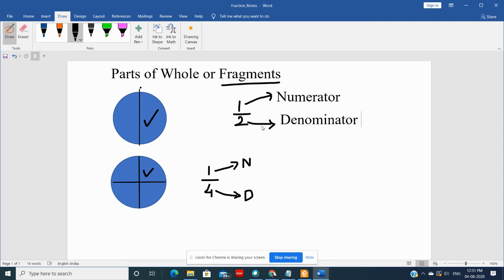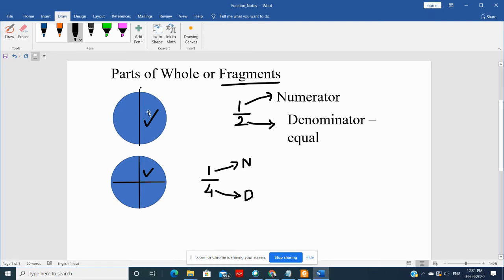Denominator is showing total parts, and these should always be equal parts.